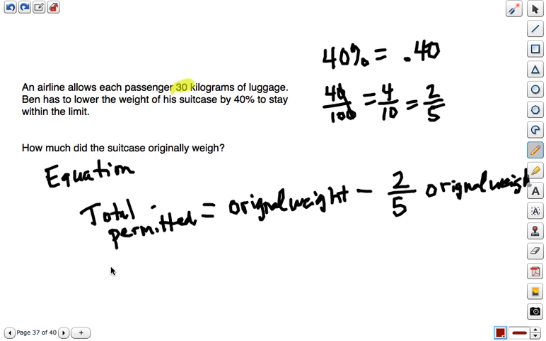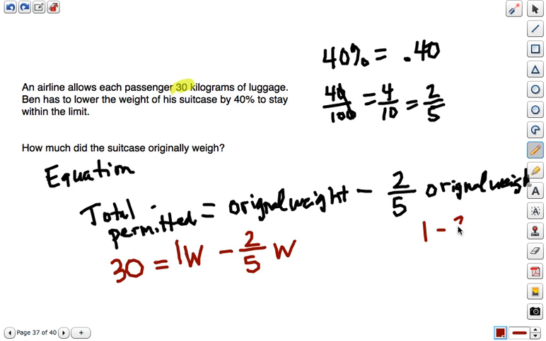So let's write out our equation. So the total amount permitted is 30 kilograms equals the original weight, we're just going to call W, minus 2/5 of that original weight, which is also W. All right, so what we're doing now is we're going to solve for W. So first let's combine like terms. So W minus 2/5 W, remember you could think of that W as having a 1 in front of it.